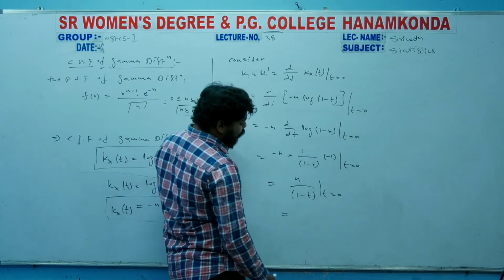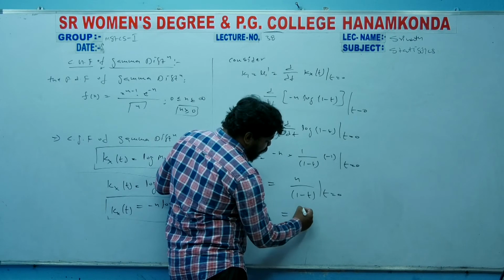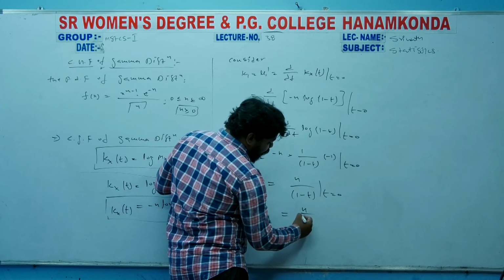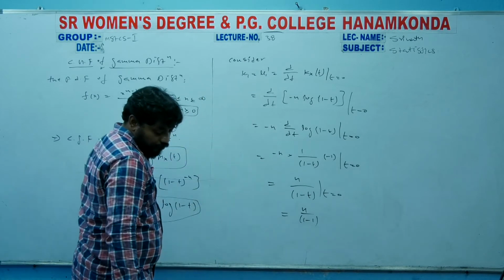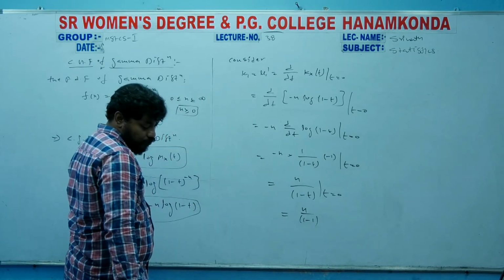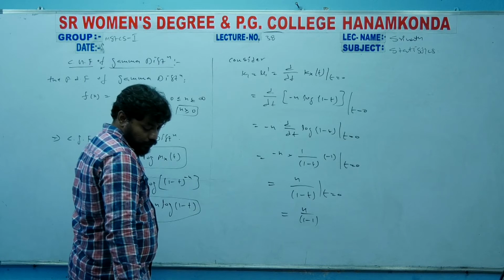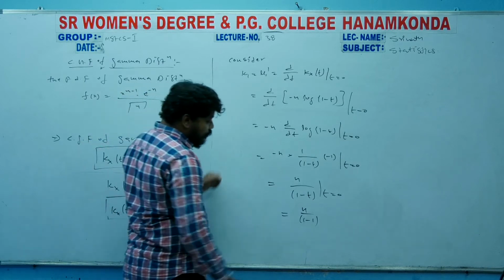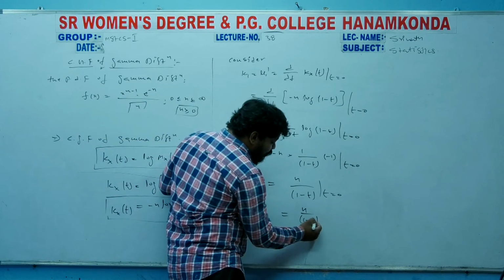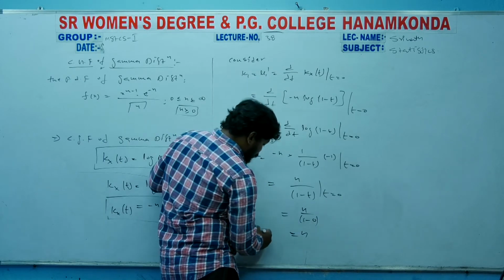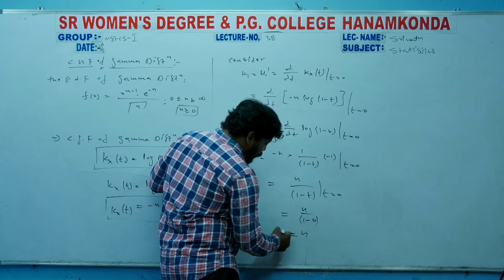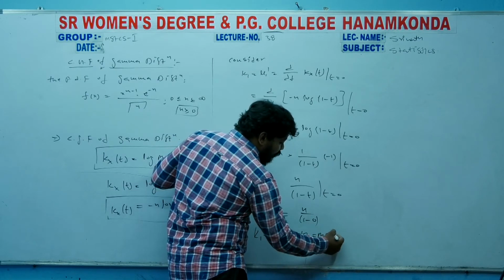Then we substitute t equal to 0, giving n by 1 minus 0, so n. That is, k1 is equal to mu1 dash, which is the mean.